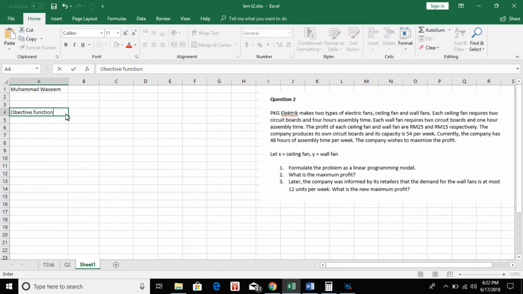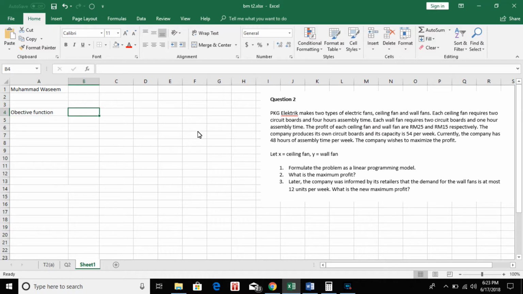to maximize profit, which is clearly given here. The company wishes to maximize profit. As we know, ceiling fan is represented by x and wall fan is represented by y. The profit for ceiling fans and wall fans are 25 and 15.